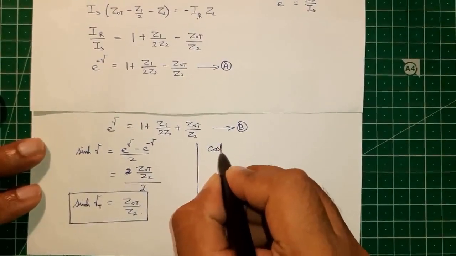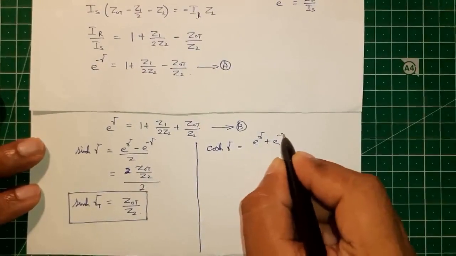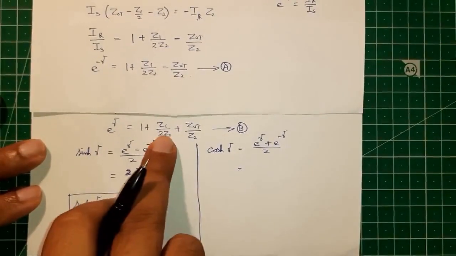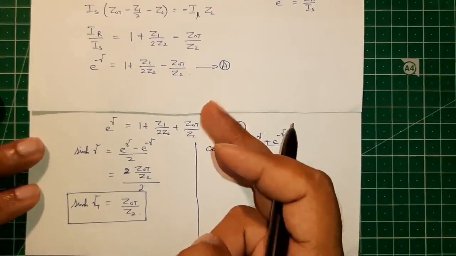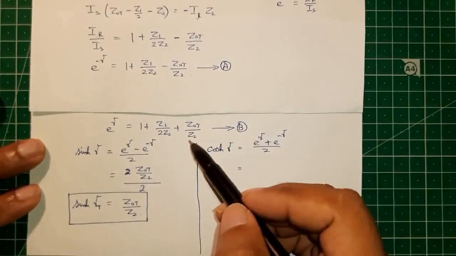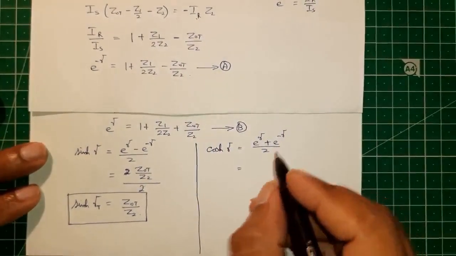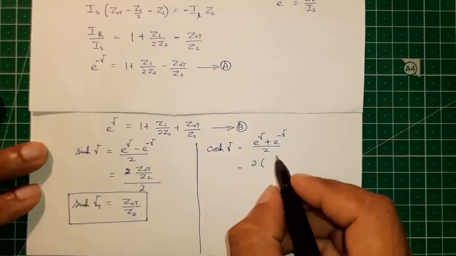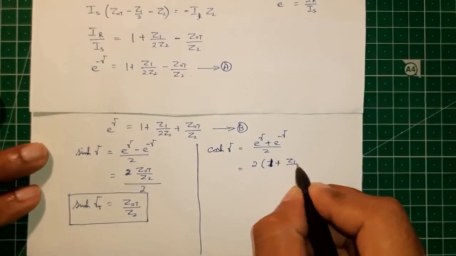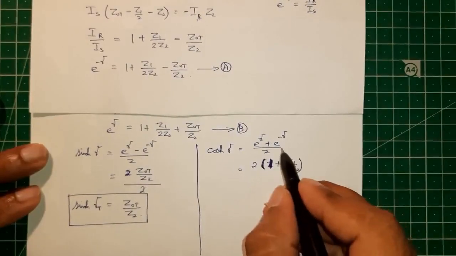What about cosh gamma? That is equal to e power gamma plus e power minus gamma divided by 2. So this quantity e power gamma plus this quantity. So the cancelling term is Z0 t by Z2. So these two will get cancelled, and in the numerator we have twice of 1 plus Z1 by twice Z2. So this is our e power gamma plus e power minus gamma.